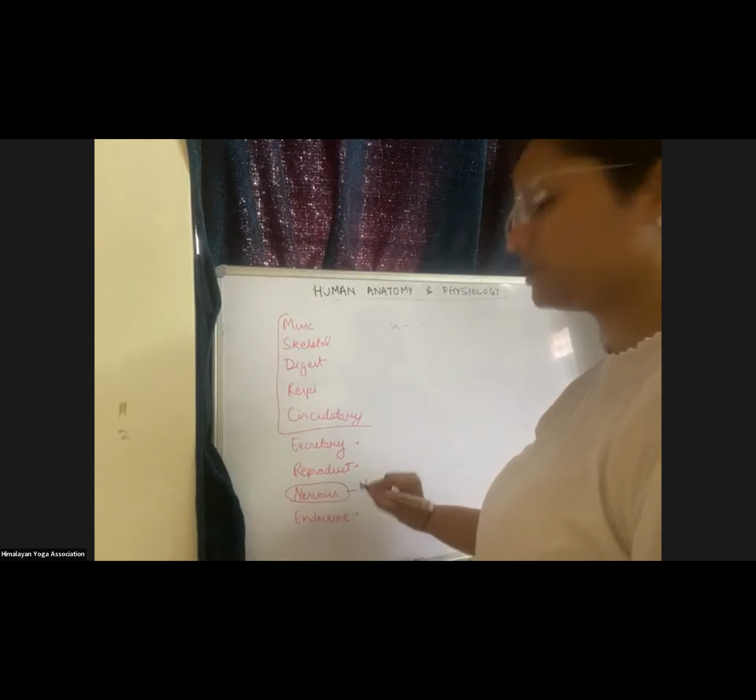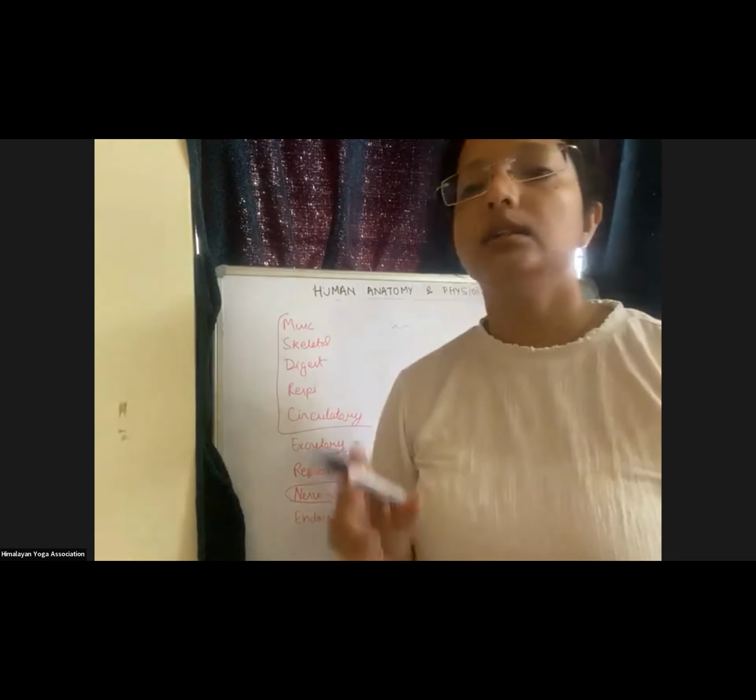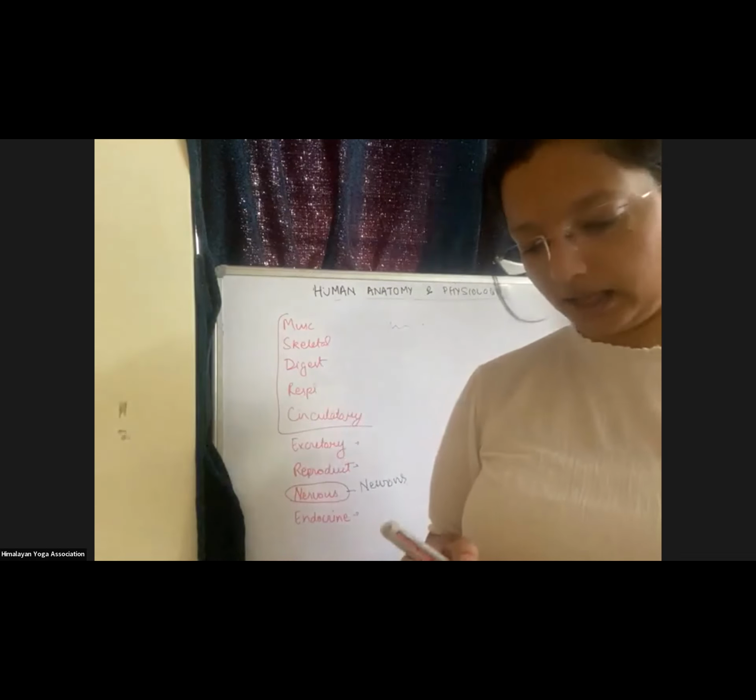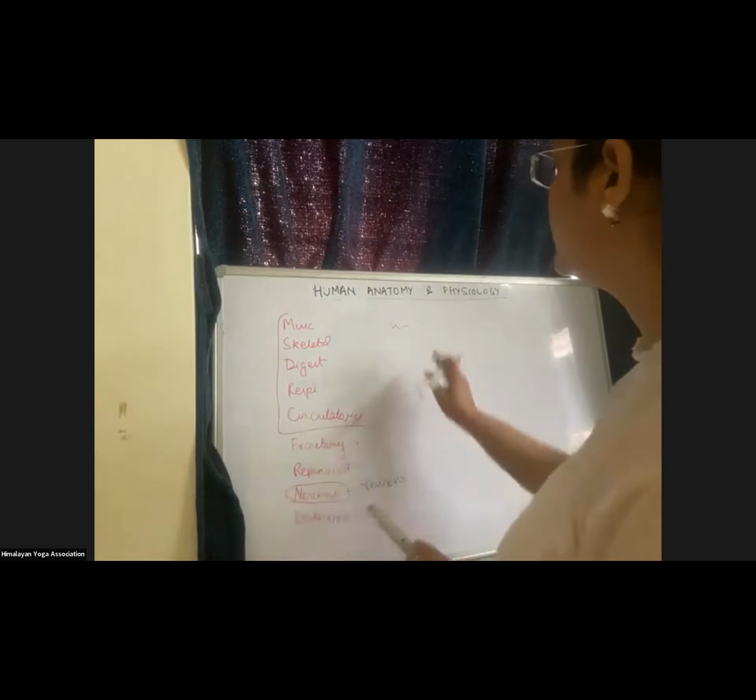Then endocrine system. Endocrine system is the system of all the glands. How many glands do we have?